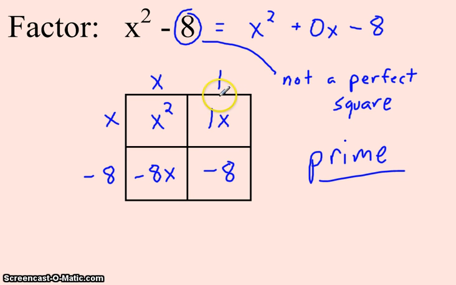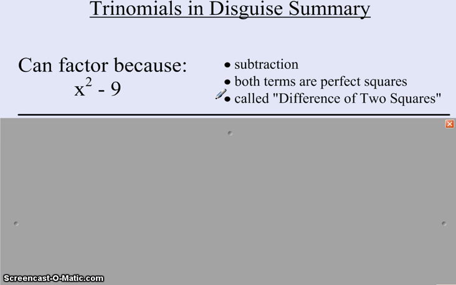All right, so let's summarize everything that we've been doing here. The first example we did was x squared minus 9. We could factor this for a couple reasons. First of all, it was subtraction, and both terms are perfect squares.